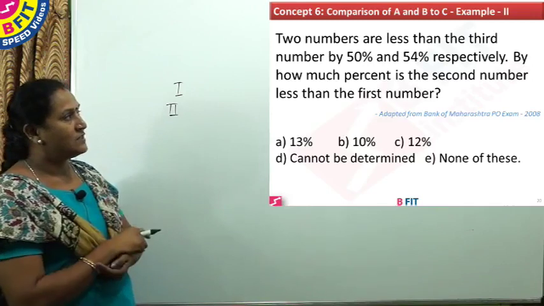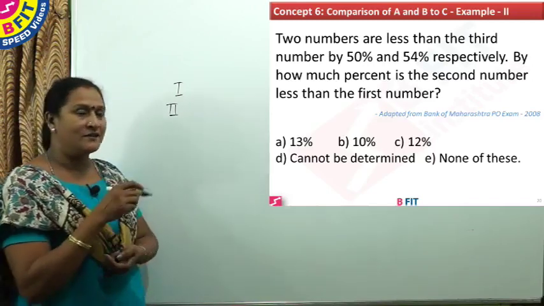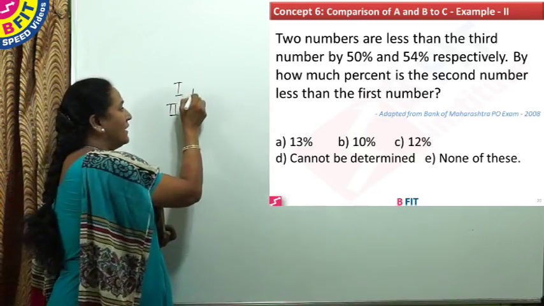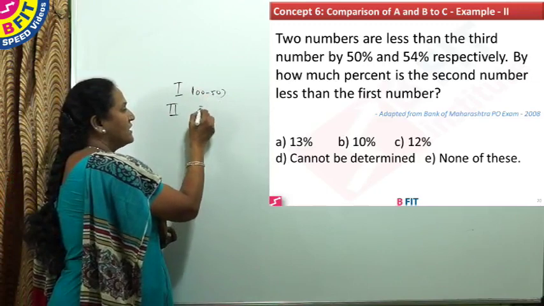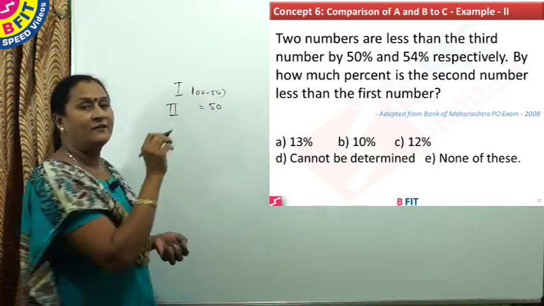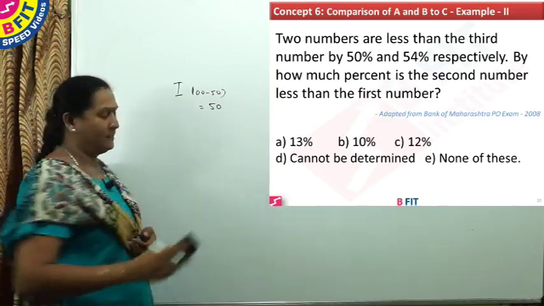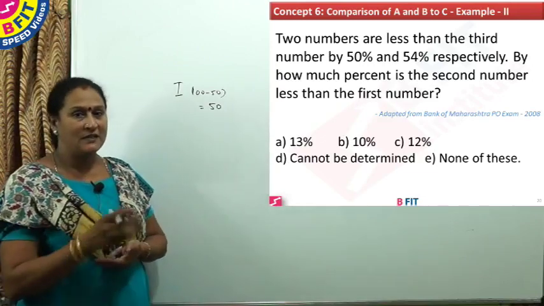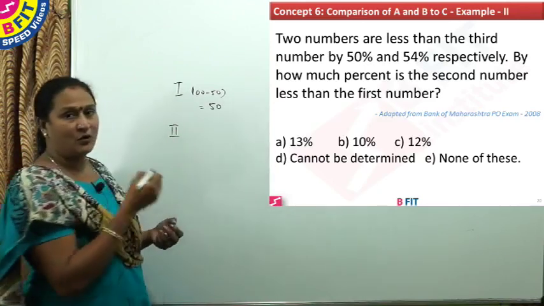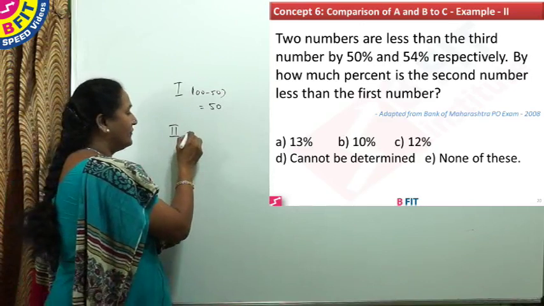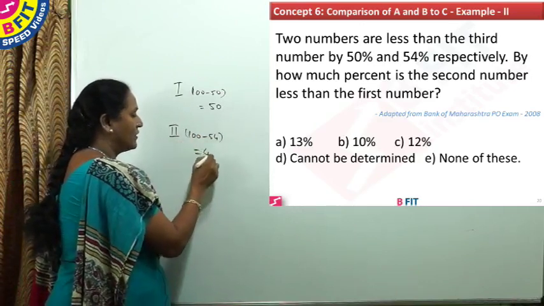The first number is 50% less than the third number, so as it is less, we subtract 50 from 100 and take the first number as 50 itself. The second number is 54% less than the third number. As the base is the same, no need to consider that. Subtract 54 from 100, so the value is 46.